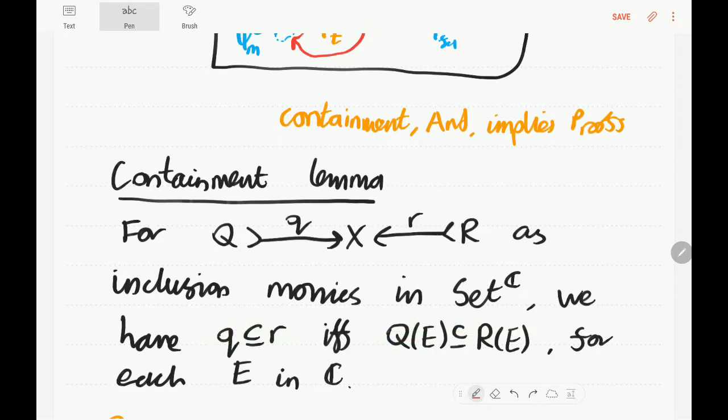So this is really just saying that saying one sub-object is contained in another in set to the power of C works just like that statement does in Set. It's just that things might be higher dimensional and so on. So, yeah, the proof of this is in the description.